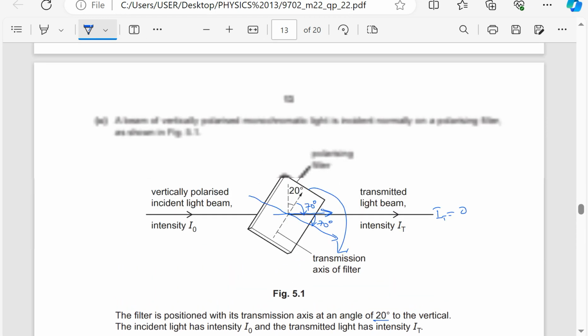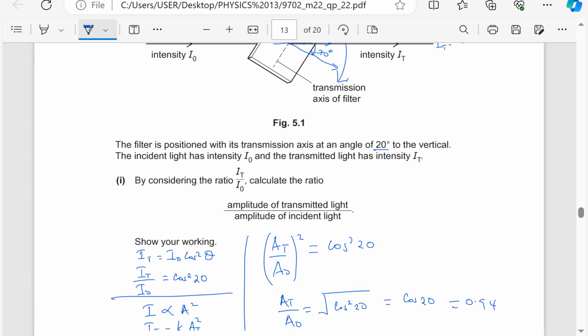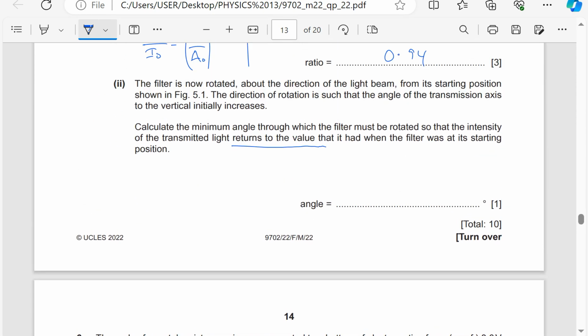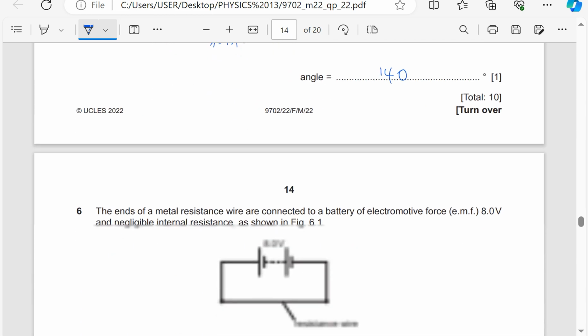The intensity decreases when we rotate it through a further 70 degrees, and it goes to 0. Then when we rotate it through another 70 degrees, it increases back to the original value. So we shall have rotated it through 70 plus 70, which is 140 degrees.